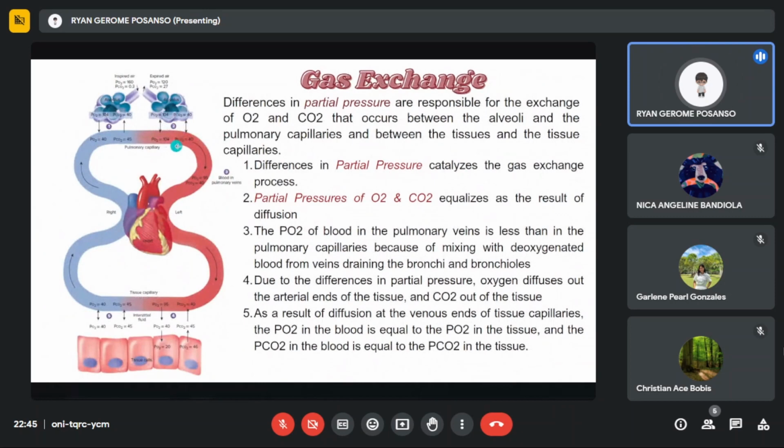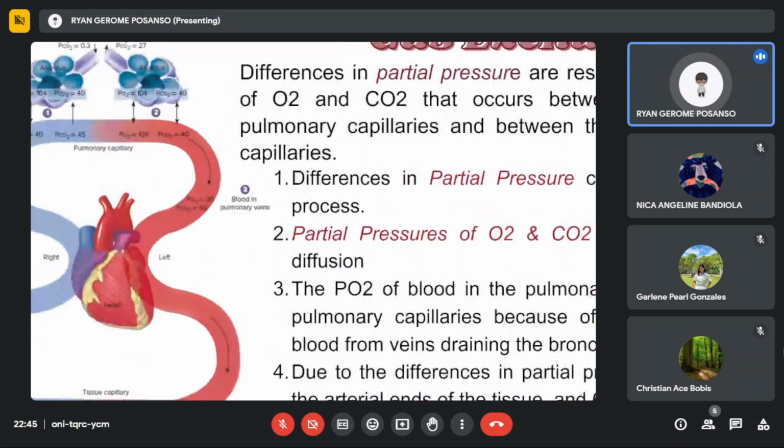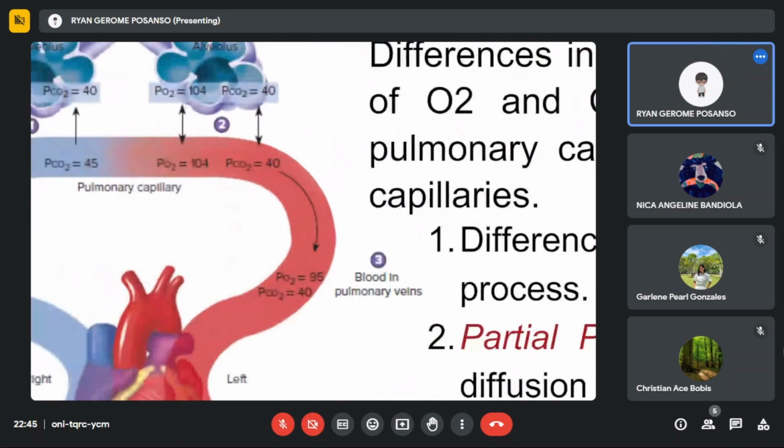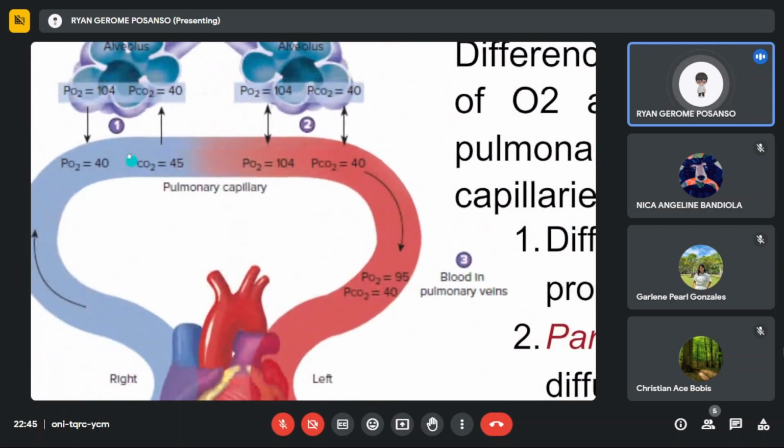Next is when the partial pressures of oxygen and carbon dioxide equalize as the result of the diffusion. As you can see here, in the first step, it is not equalized.